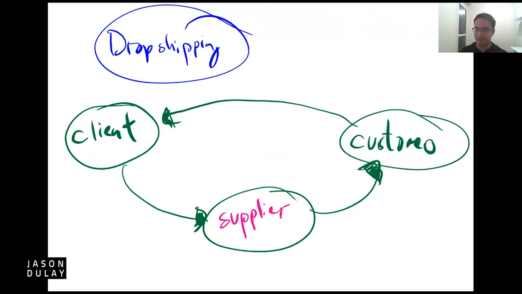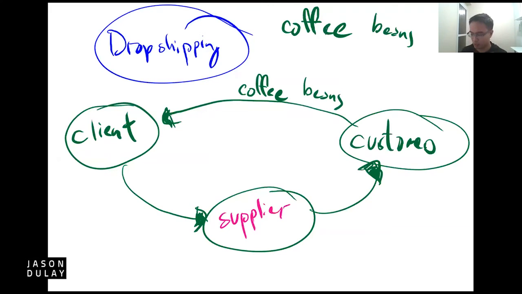So what are we going to sell here? I can't think of anything. Let's sell coffee. The customer buys coffee from the client. And the client doesn't actually have any coffee beans, okay? Not actual coffee that you drink, but coffee beans, because it's harder if it's actual coffee. The customer will buy coffee beans from the client on their website. Let's say they're selling them at $50 per kilo.